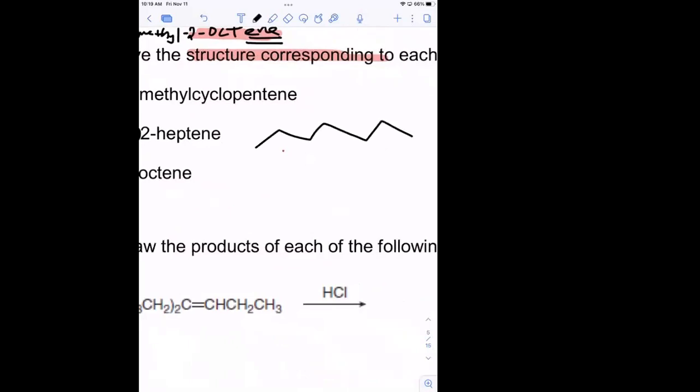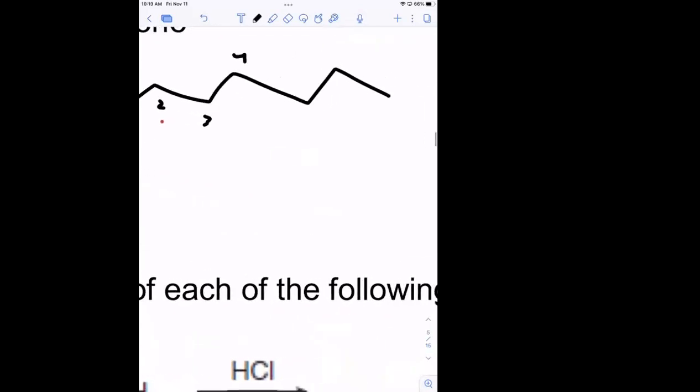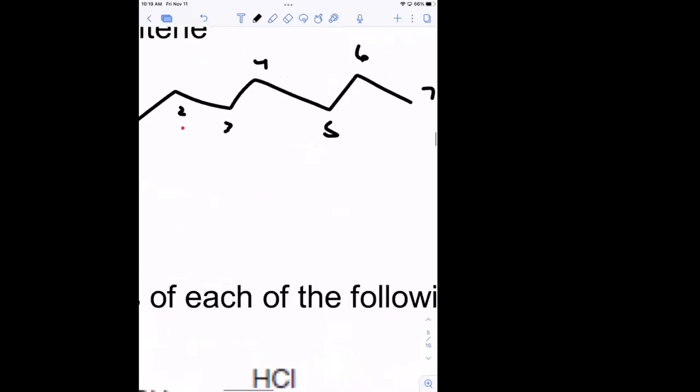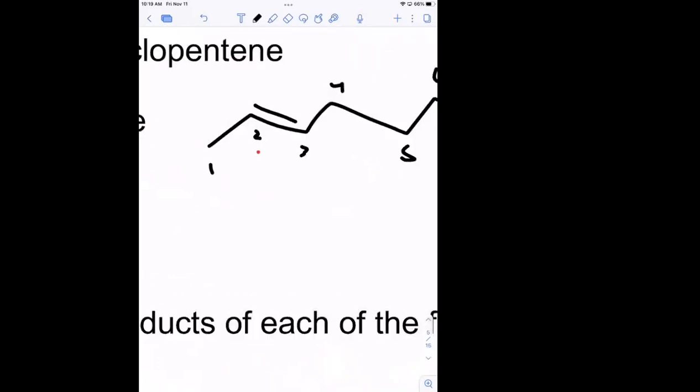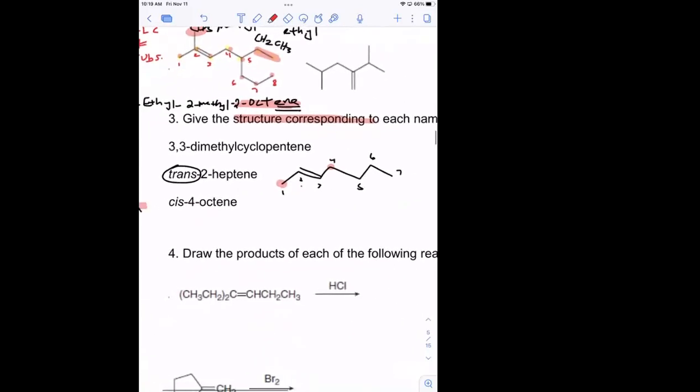And it's telling me that the alkene is at carbon 2. That's what the 2 means in front of heptene. So if I number this, 1, 2, 3, 4, 5, 6, 7. I'm going to put the double bond right here. And it's trans because this group is on one side and that group is on the other side. So that's the structure for trans-2-heptene.